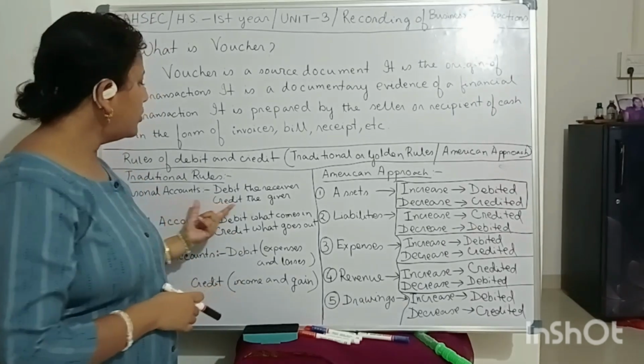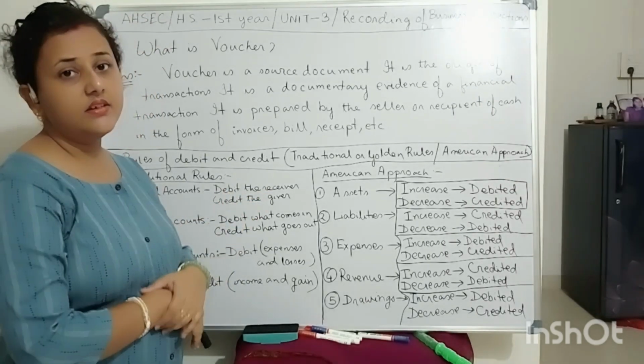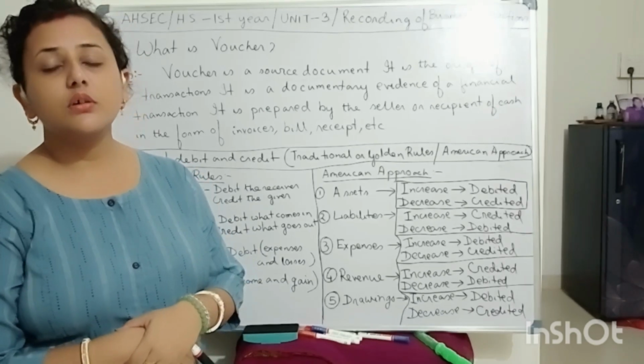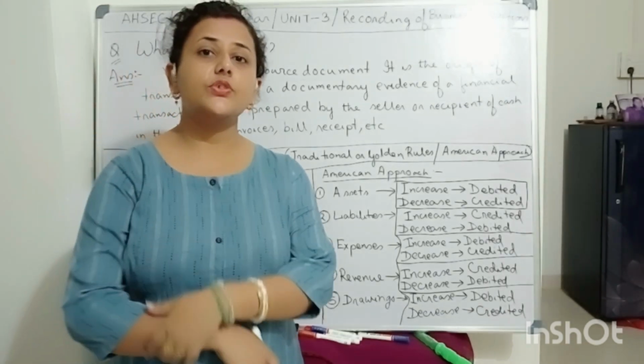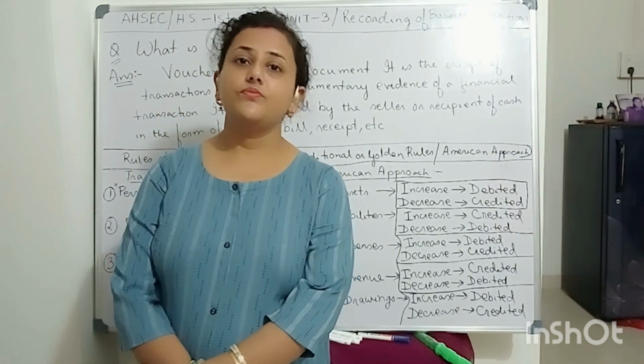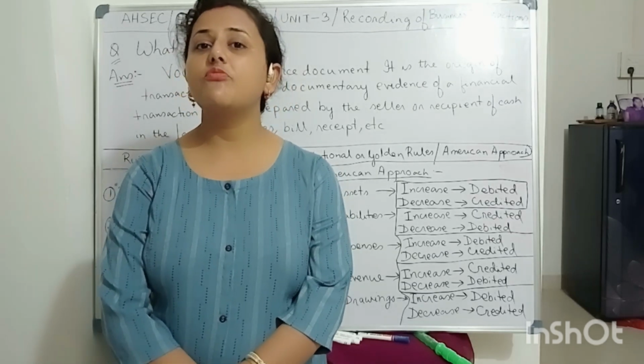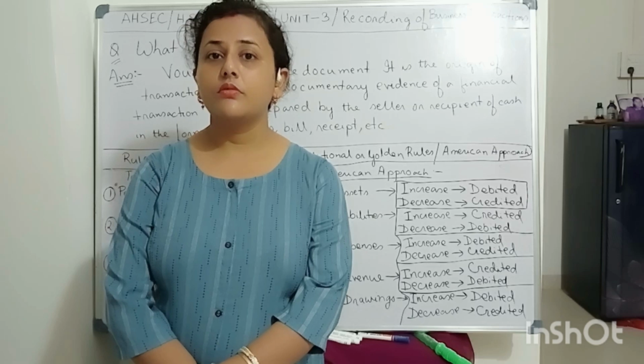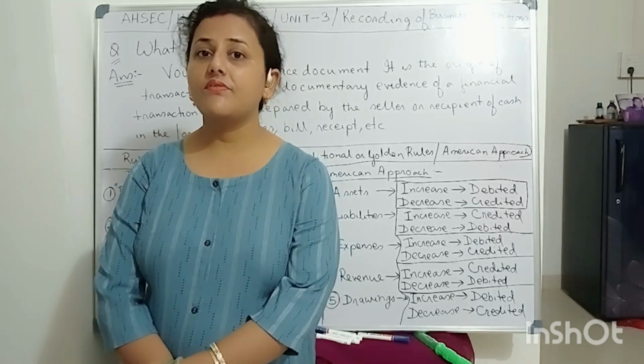So what is the rule? Debit the receiver and credit the giver. In a business organization, from the debtor, the company is going to receive money. So the debtor, the receiver, means the debtor's account is debited.